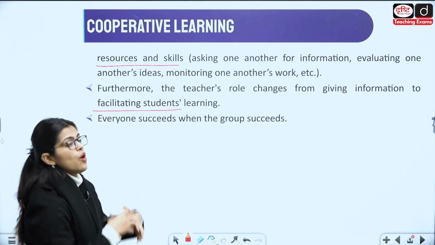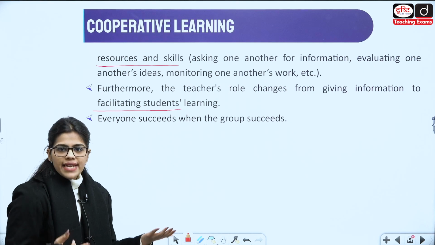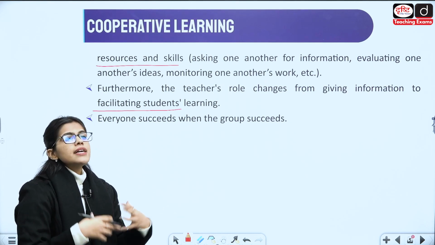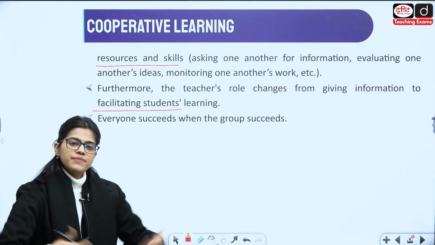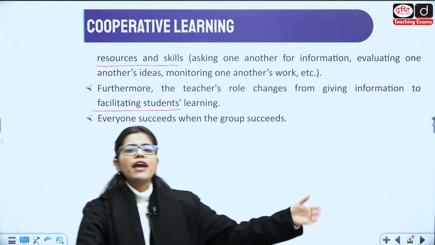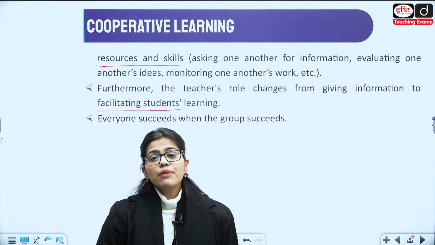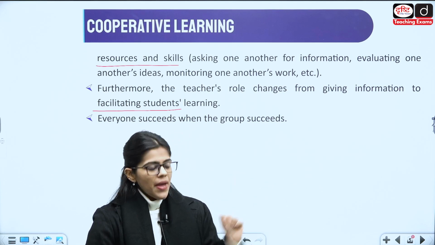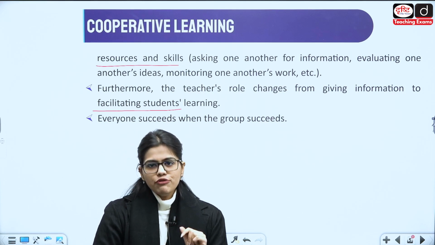Everyone succeeds when the group succeeds. Take an example. I want you to know more about the increasing demand for food supply. I give this as a question and create groups of 3 to 4 students.